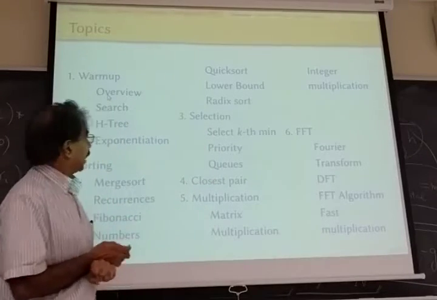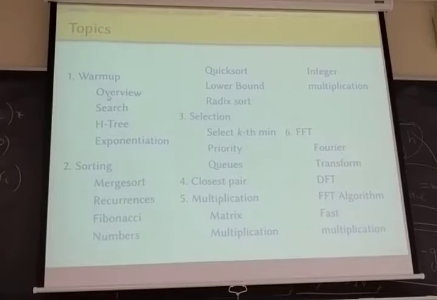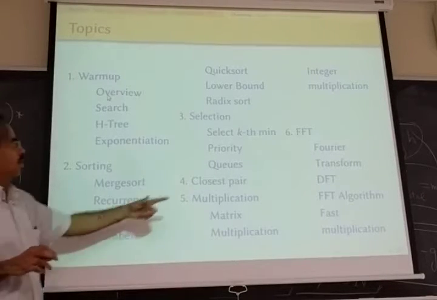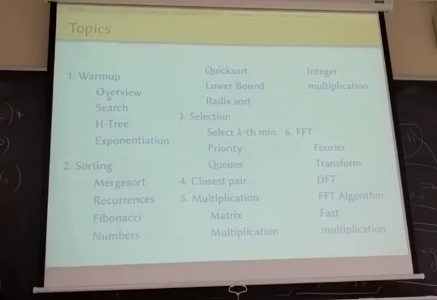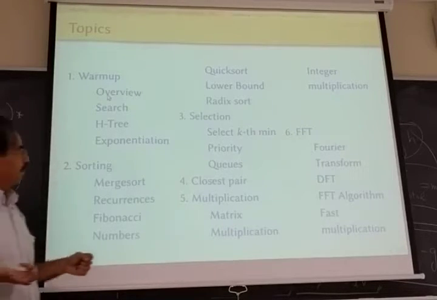Then we talked about selection, which instead of sorting the whole array, simply wants the nth element. And then we also talked about priority queues, which again, instead of sorting, allows you to do insertions quickly and deletion of minimum or maximum elements quickly. Right? So we talked about that. All of those are divide and conquer.